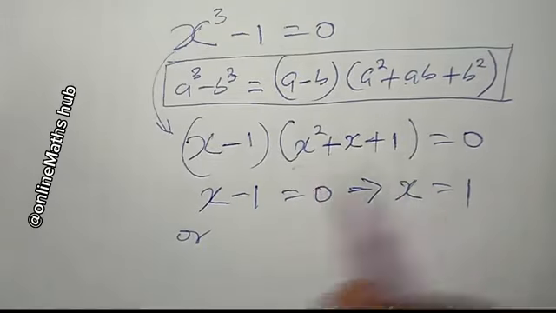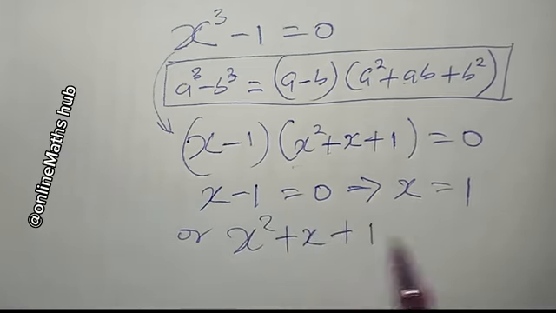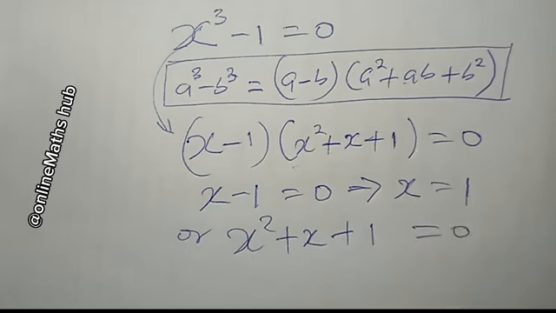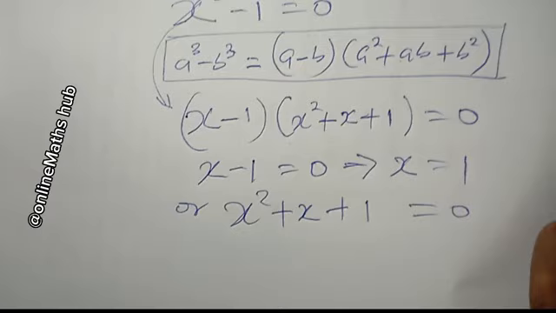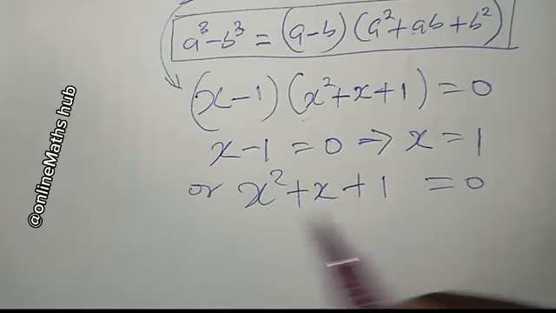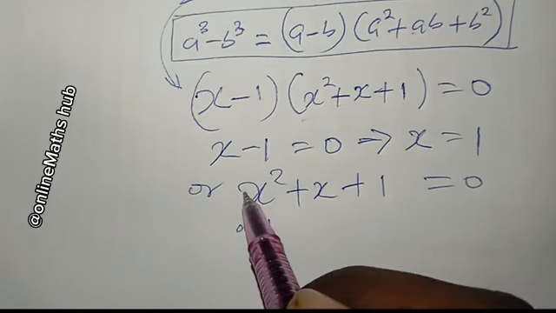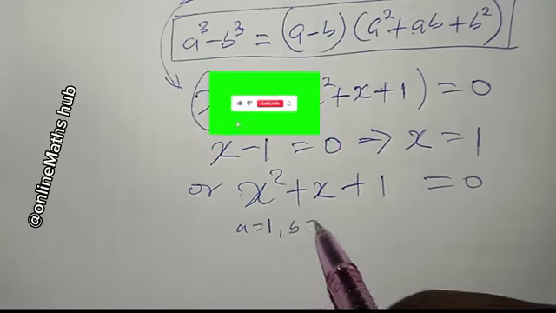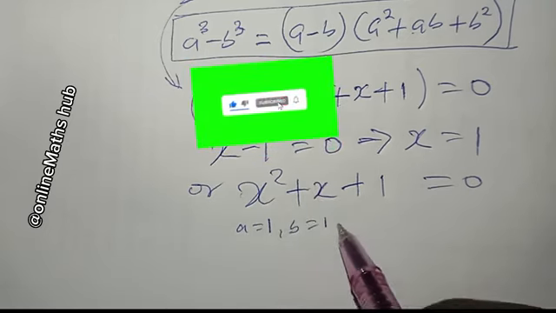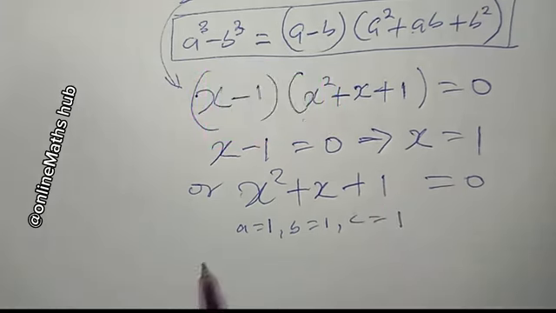Or so I pick the second value right here, which is x squared plus x plus 1 is equal to 0. Okay, so I can use the formula method of solving a quadratic equation to solve this. And if I do that, of course you can see that a here is equal to 1, which is the coefficient of x squared, b is equal to 1, which is the coefficient of x, and then c is also equal to 1, which is a constant here.